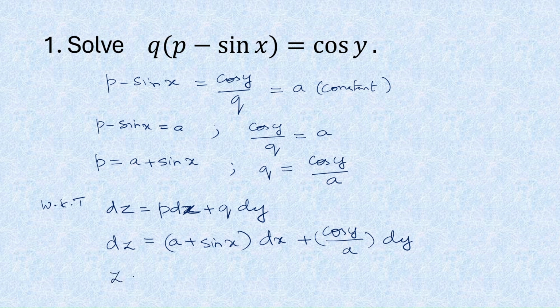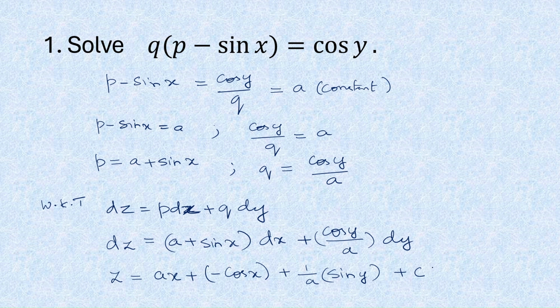Now integrating this, we have z is equal to ax plus, here the integration of sin x is minus cos x, plus 1 by a into the integration of cos y, which is sin y, plus an arbitrary constant c.